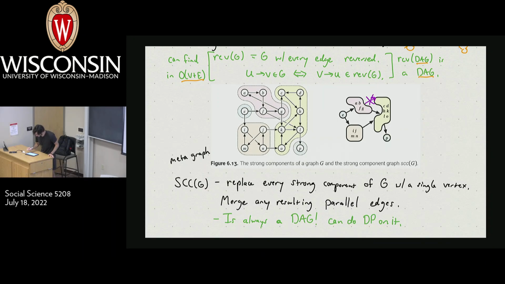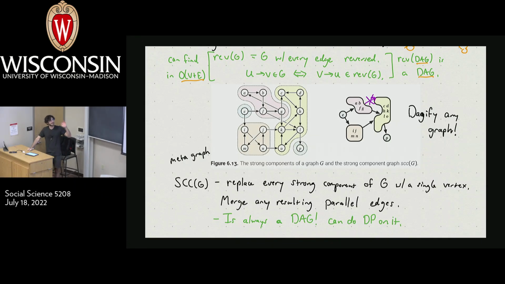And the cool thing here is this will always be a DAG. And so you can do DP on it. So what this really is, is a hack to DAGify any graph. And this thing is super useful.